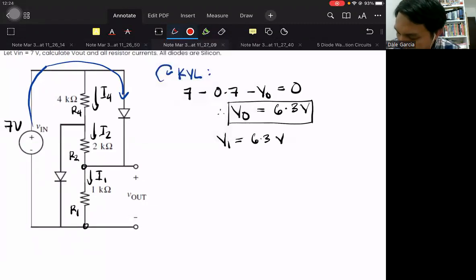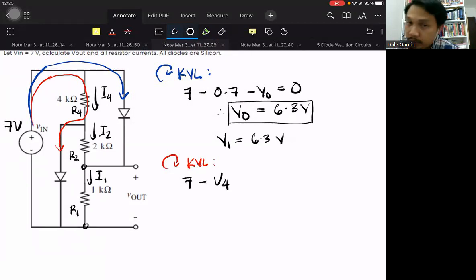KVL again: 7 minus V4, the voltage across R4, minus 0.7 for diode 1. Therefore, V4 is also equal to 6.3.